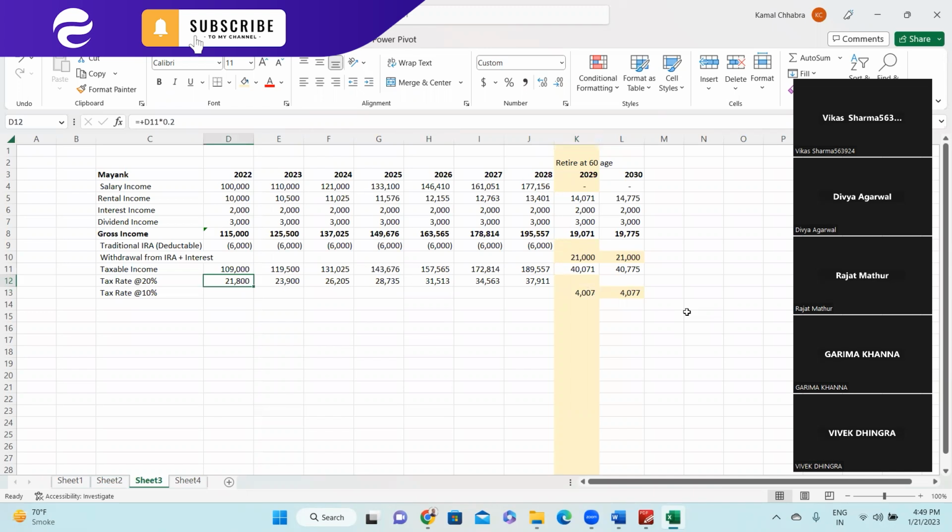And if you compare, if this 21,000 is coming out of it, earlier you were paying 20% tax, but now you are in a 10% tax slab. So assuming 20% or 10%, you are saving 2,100 rupees on taxes.